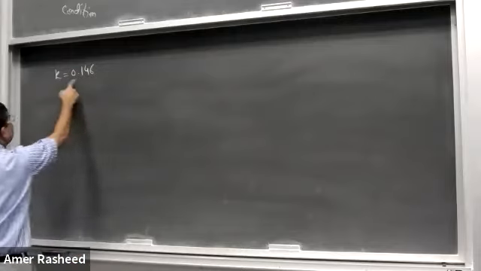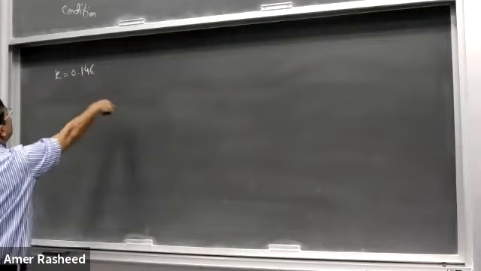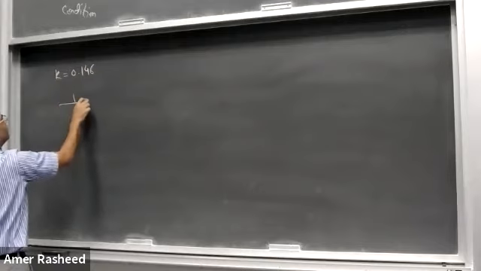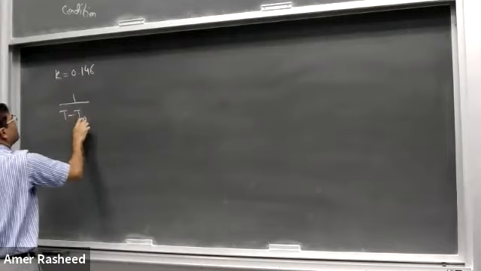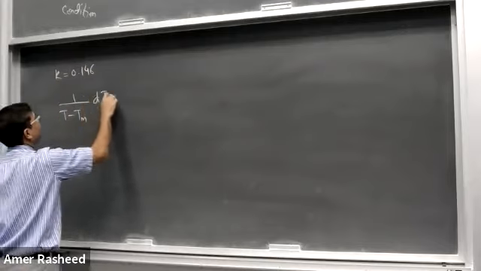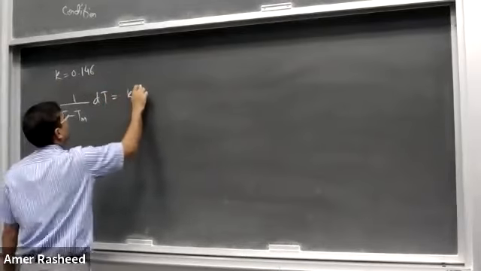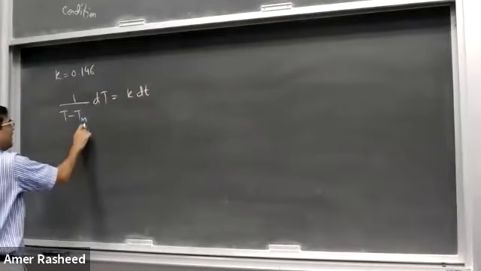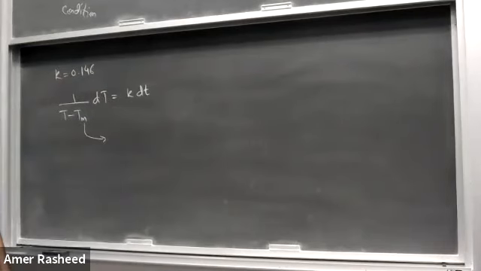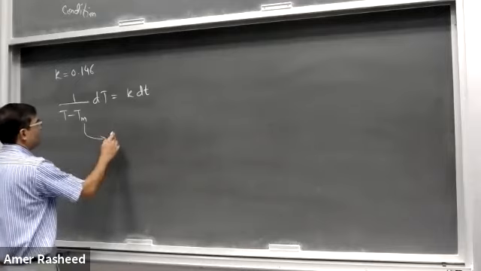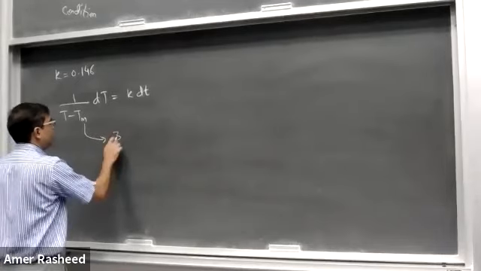So if we choose this k for the cup of tea, then by separating the variables, dT over (T minus Tm) is equal to k times dt. Again, Tm is another known constant, which is the room temperature. We assume that the room temperature normally is 30 degrees.